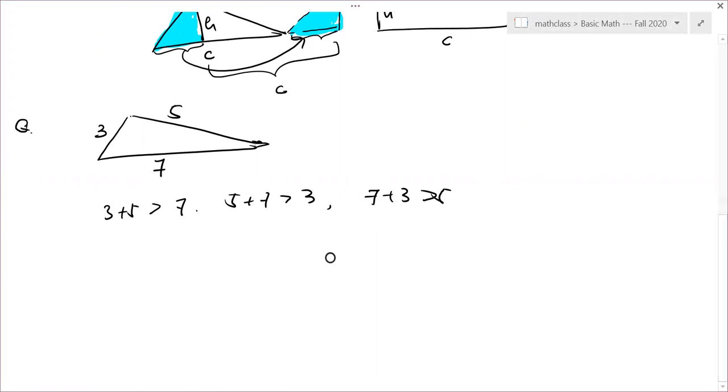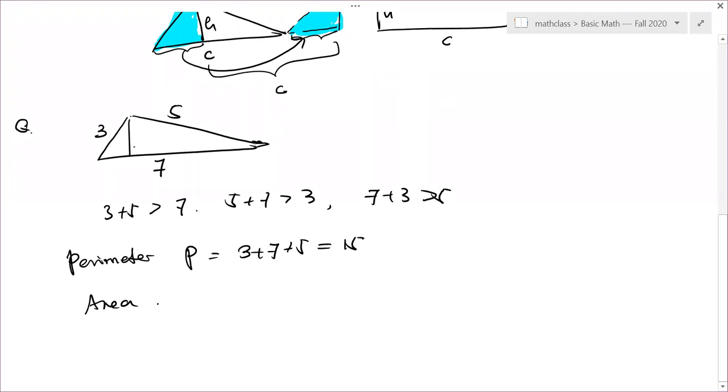So this is the triangle inequality. Now, what we can do is find the perimeter. Perimeter P is going to be 3 plus 7 plus 5, which is 15. My question is, can we find the area? I haven't given you any formula yet.